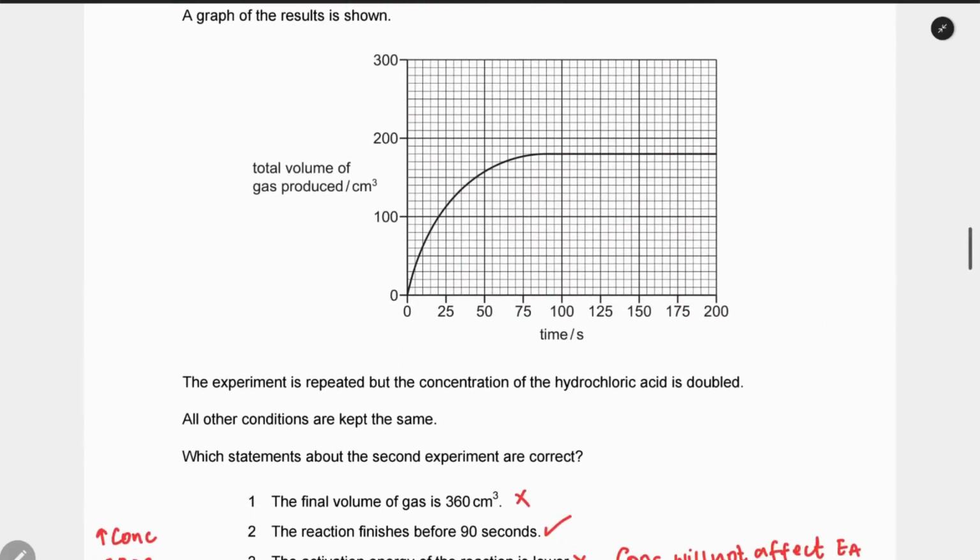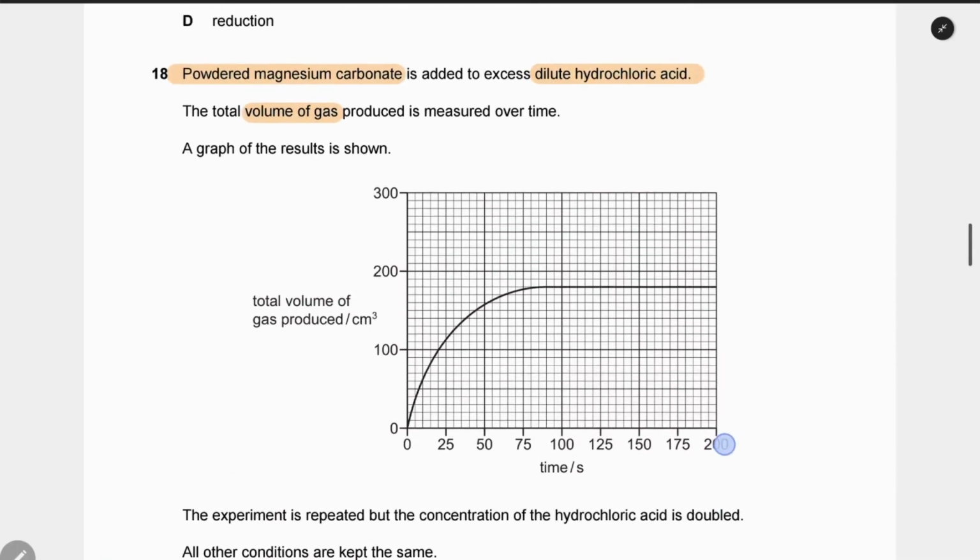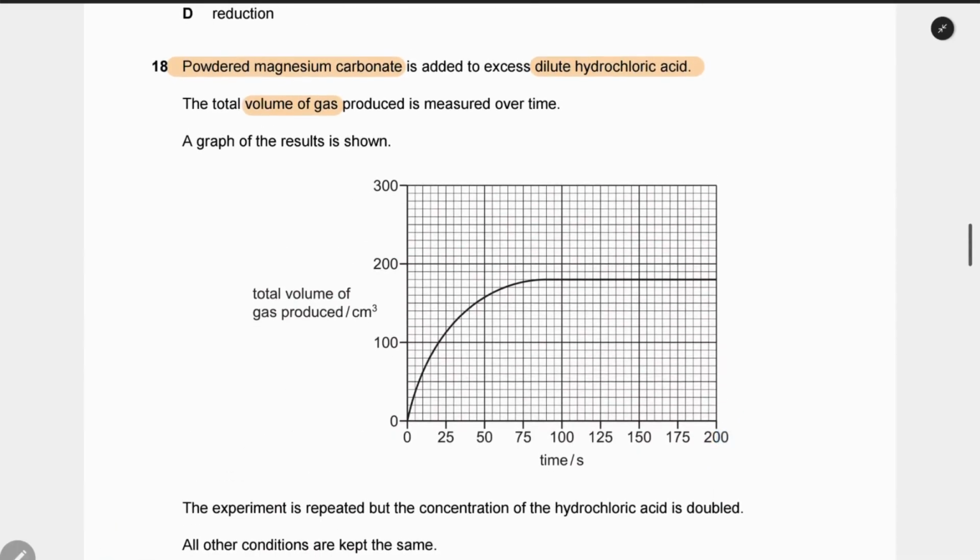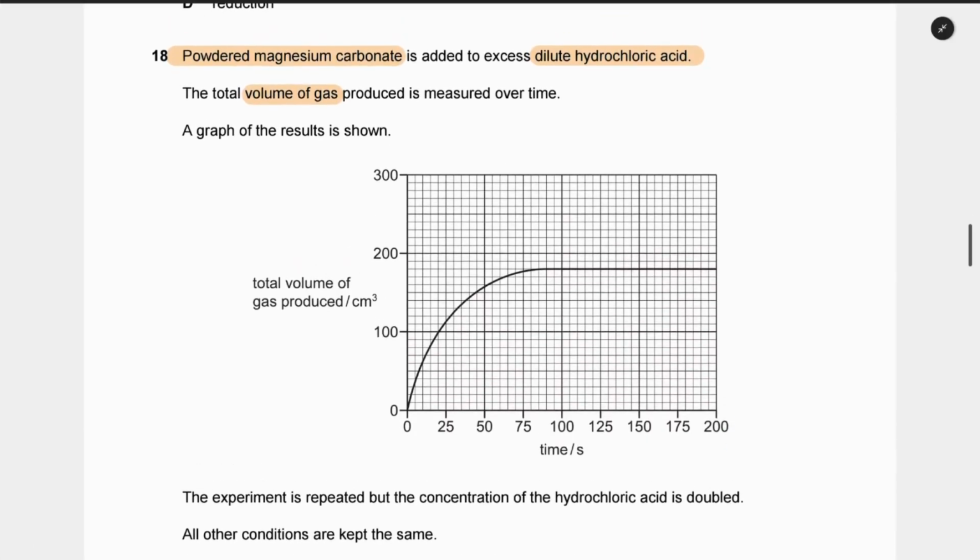Now over here it's shown the experiment is repeated, but the concentration of hydrochloric acid is double. All other conditions are kept the same. And we should know which one is in excess. So we know that powdered magnesium carbonate is added in excess.